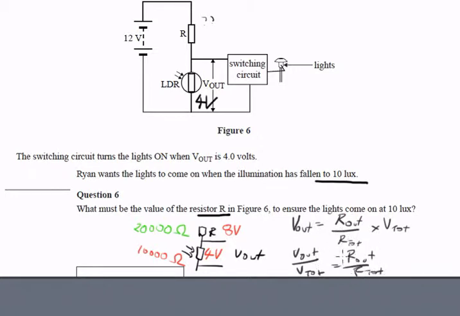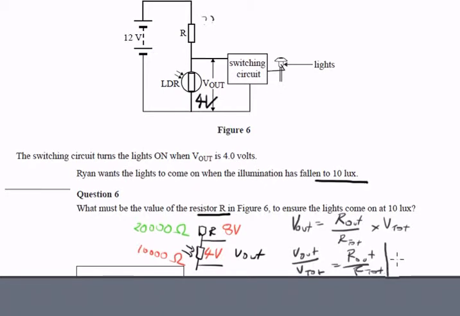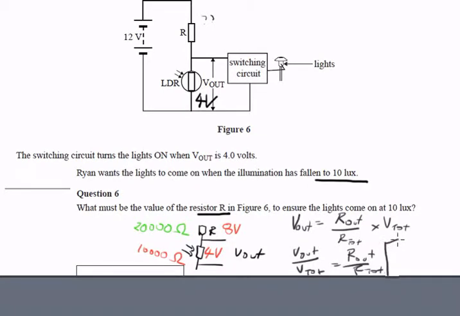So then your working, as you see here, V out, which is this 4 volts, divided by V total, which is 12 volts, is the same as the ratio R out, which is 10,000, divided by R total, which in this case is 30,000. So then you can just write ratios are the same, because they are, and that's how we got this thing here. So I'm just going to put it down here. That's our last little bit of working.